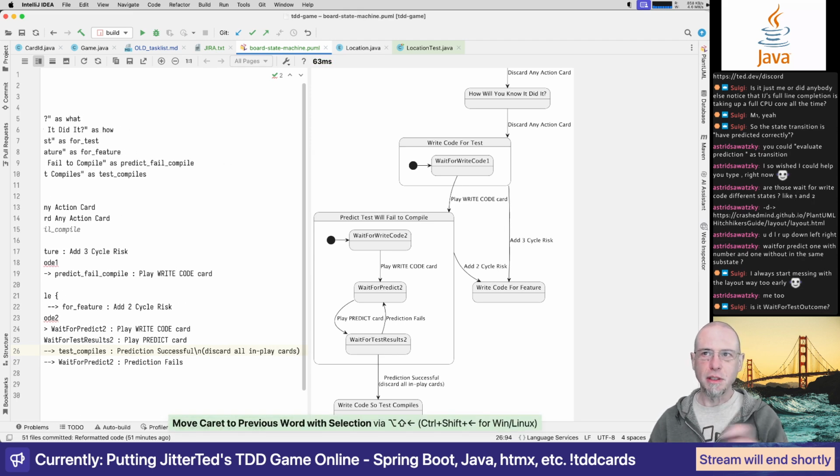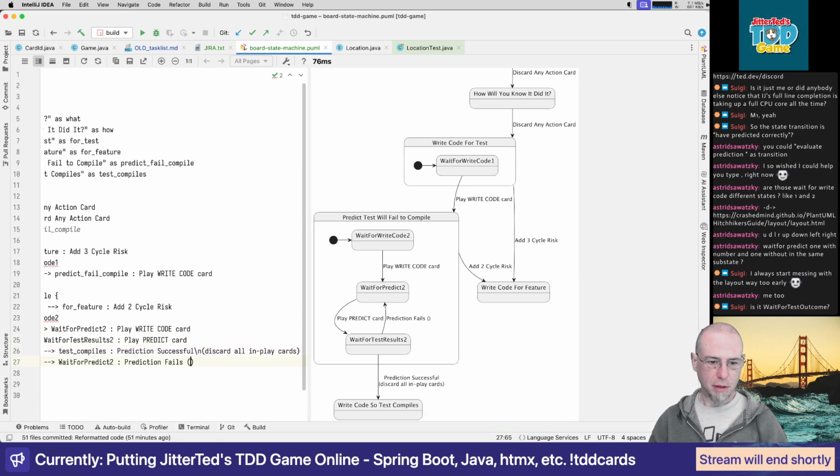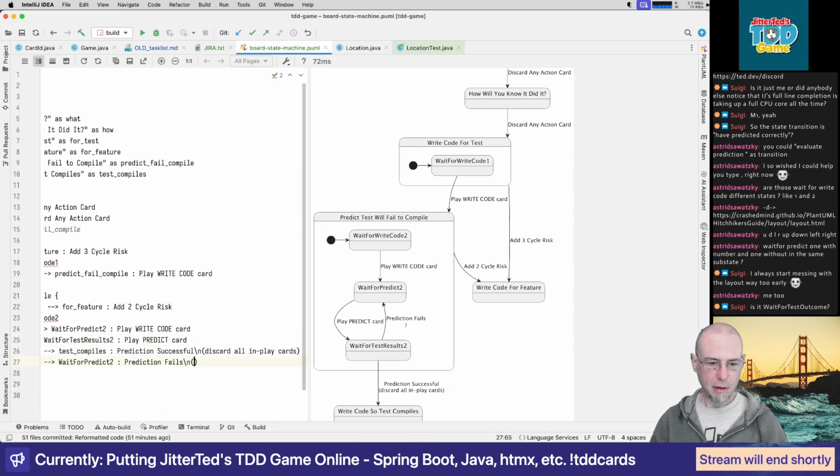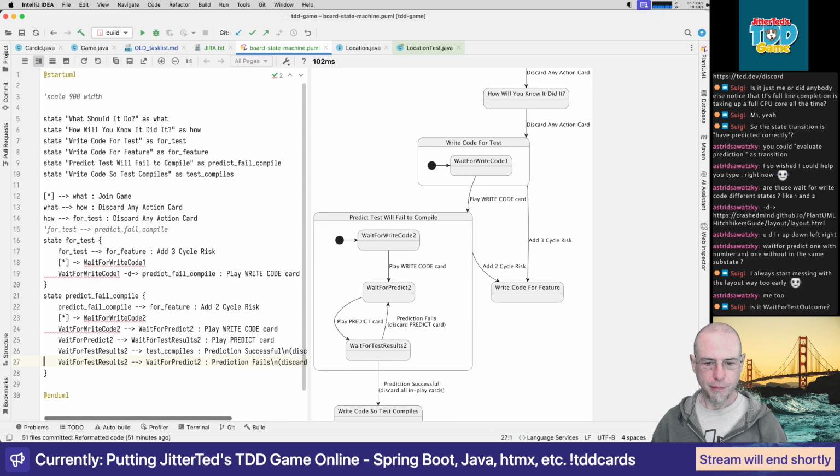So in that case, you discard all of your in-play cards. In this case, you discard your predict card.